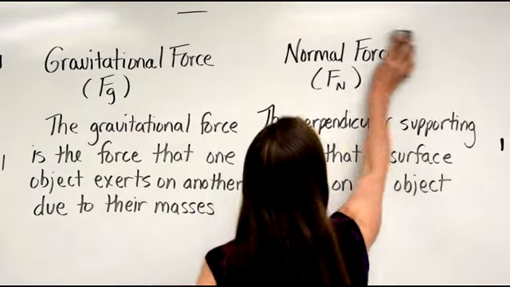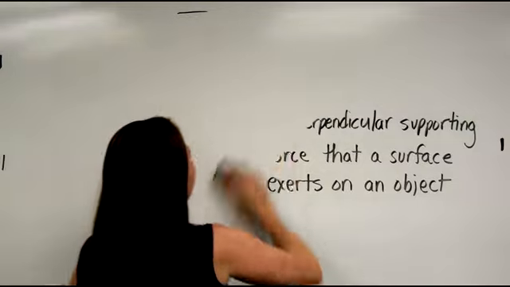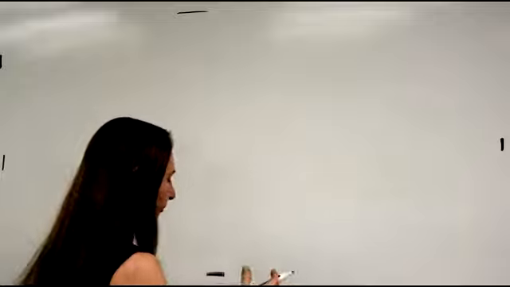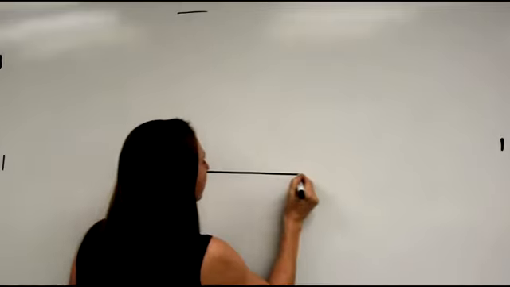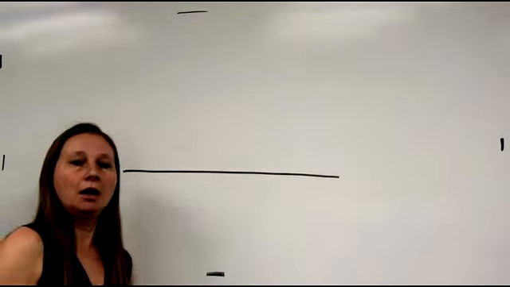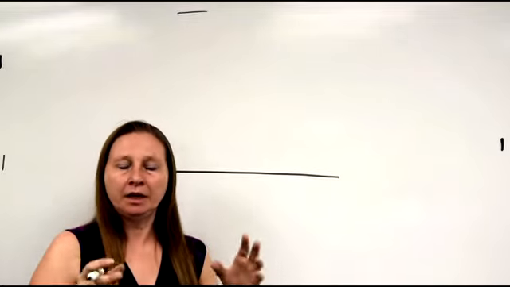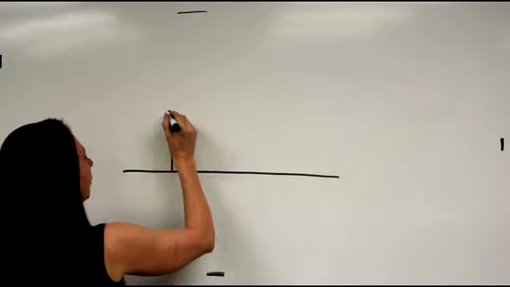All right, so let's give a nice, simple example of a gravitational force and a normal force. So we have, for example, a surface. It could be the ground, a floor, a tabletop, it doesn't matter. And we'll put a box on the surface.